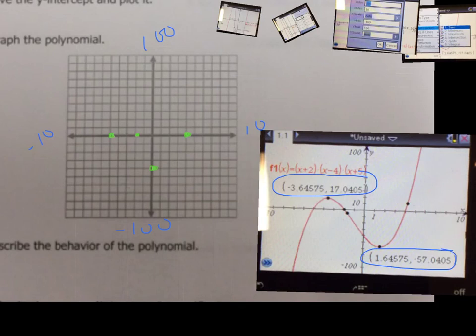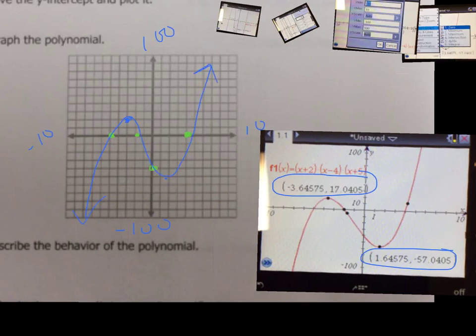At negative 3.65, which is going to be really tight, up to 17. That's probably about here. I can't get it very good with a pen on this screen. 1.65 and negative 57. So we're looking maybe around here. Then when I just sketch it in, I'm looking at something like this.